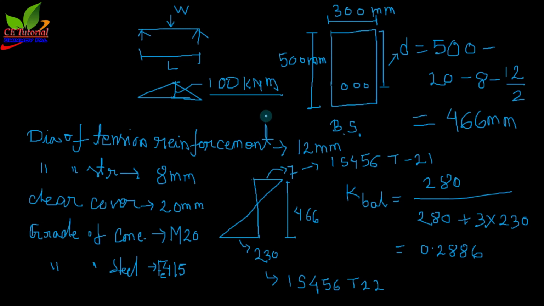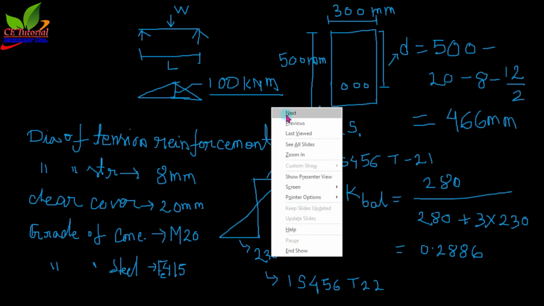Now you just calculate the AST value. So 100 multiplied by 10 to the power 6, because this is in kilonewton meter and I have to change the unit.